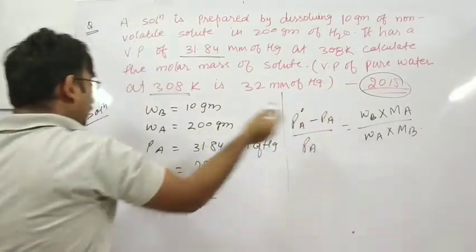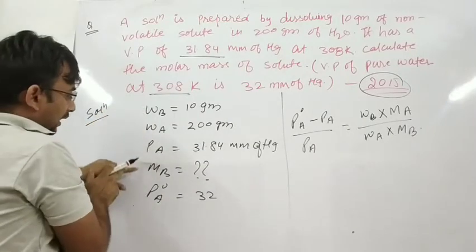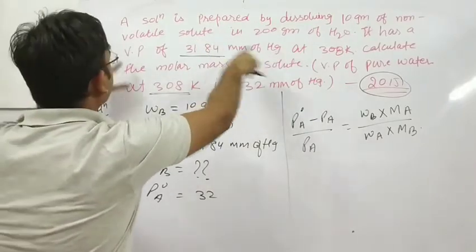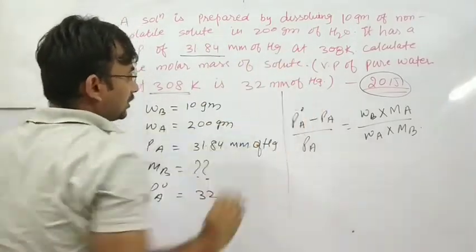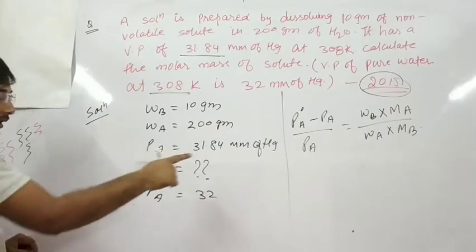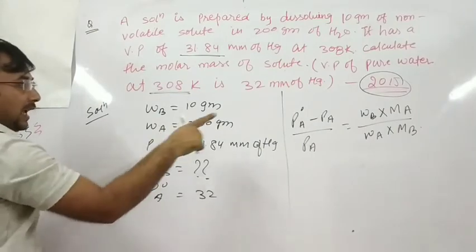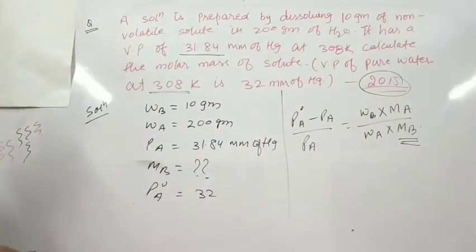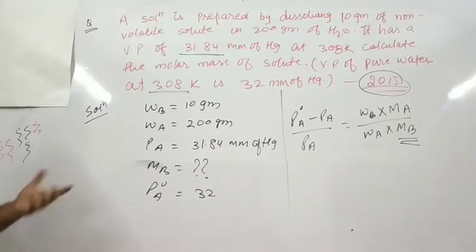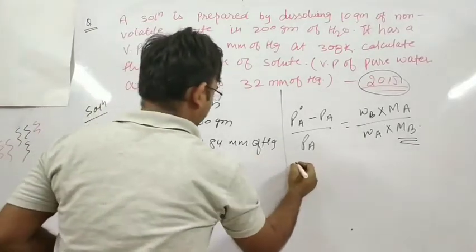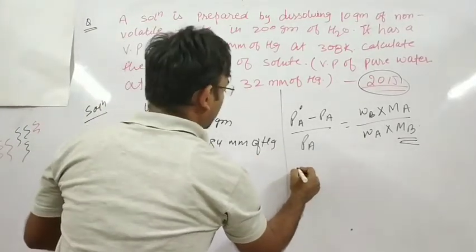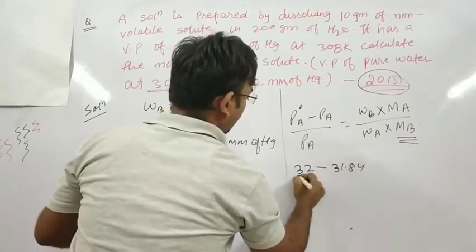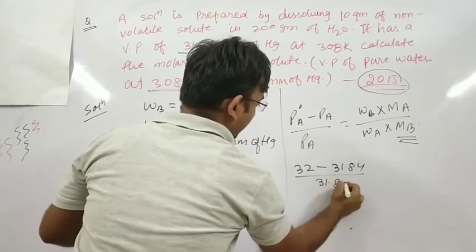WB is already given, 10. MA is for water, right? Dissolving non-volatile solute in 200 gram of water, so WA is 200. MB we have to calculate. It's a very simple question. Put the values here. P naught A is given 32 minus 31.84 divided by 31.84.